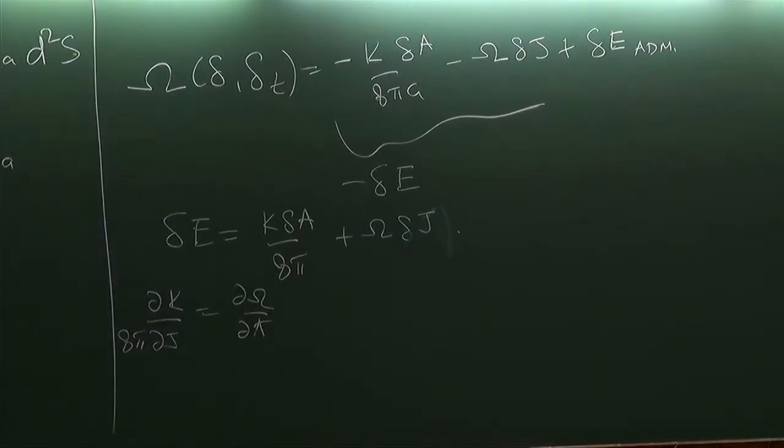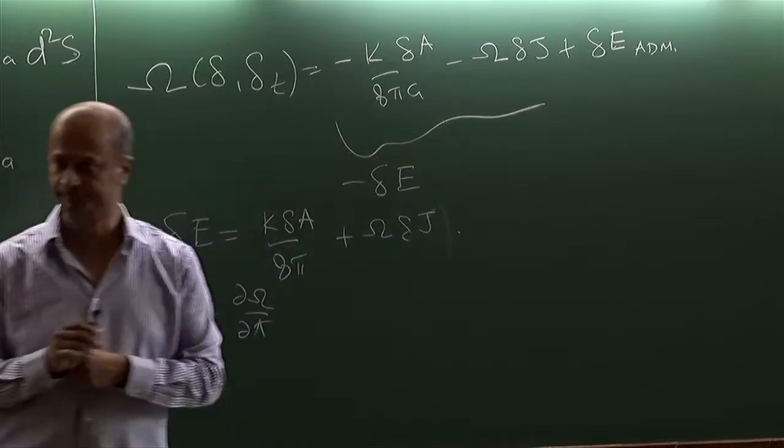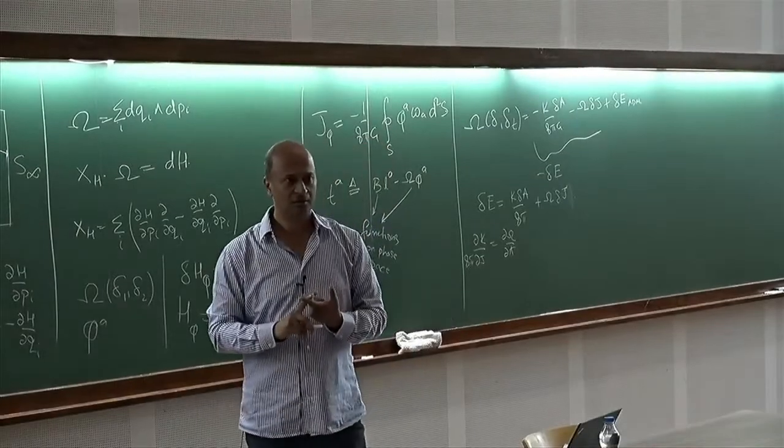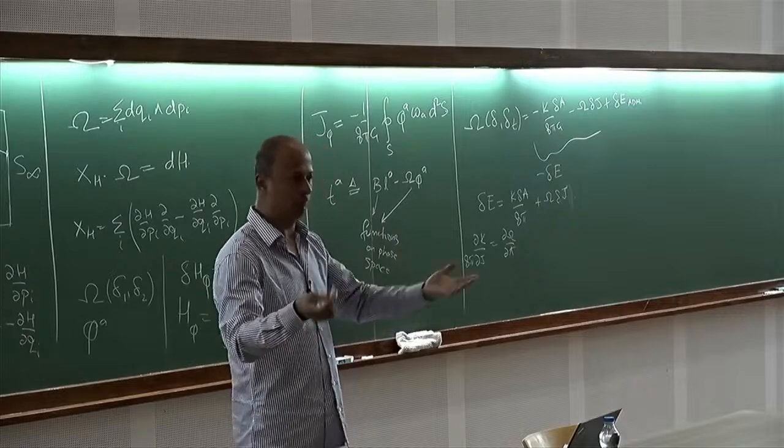It can only exist if you choose kappa and omega such that they depend only upon the area and the angular momentum. So in this sense, the first law turns out to be sort of an existence condition for the Hamiltonian. Okay? So it's a very different sort of result that you get from this formalism. It tells you when these Hamiltonians exist, and also what the Hamiltonian is.